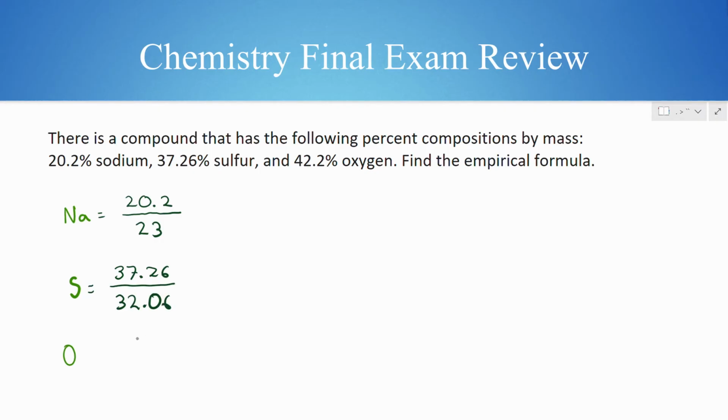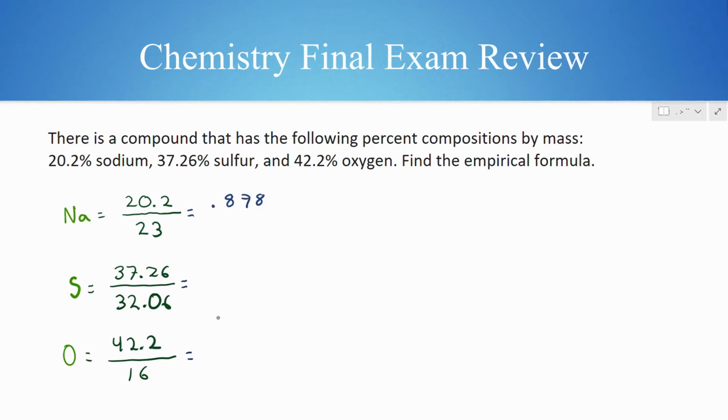And lastly, for oxygen, I will do the same thing, so percent over its atomic mass. Now we're going to do these divisions. So for the first one, it's going to be 20.2 divided by 23. And that's going to be 0.878.